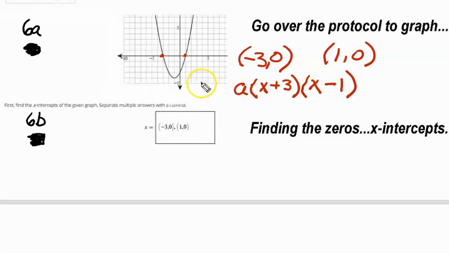And that would equal some y value here. So we've got the start of this, but we need another point to find out what our a value would be.